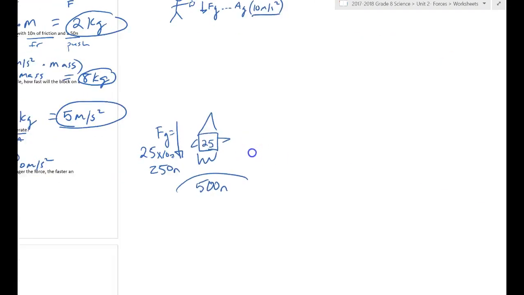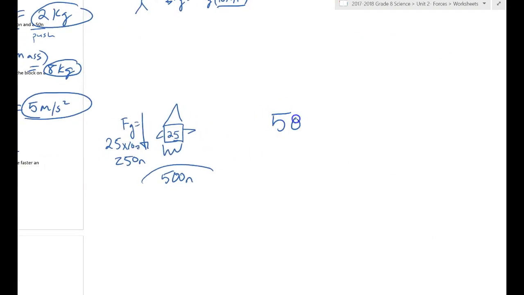Another way to solve this is to say 500 newtons of thrust divided by the mass, 25 kilograms, will give you 18 meters per second squared. Now 18 meters per second squared is how fast that rocket should accelerate if there's no gravity. But we know that there's going to be gravity because we're launching this rocket from Earth.